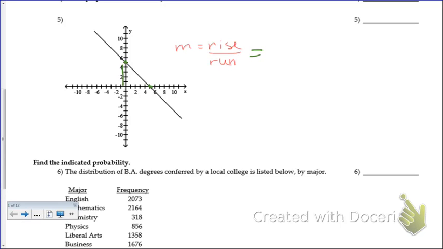So I'm going to go down 6 units, and I'm going to go to the right 5 units. Back up a little bit, I'm going down 5. The 6 there was a little sneaky. So down 5, and I'm going to go to the right 5, positive 5. And so the slope of that line is negative 1.